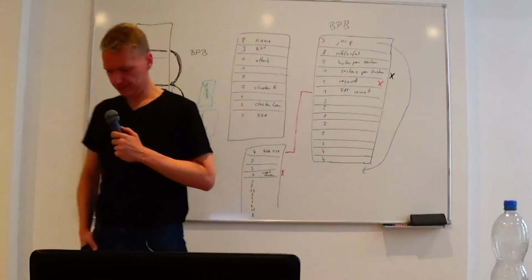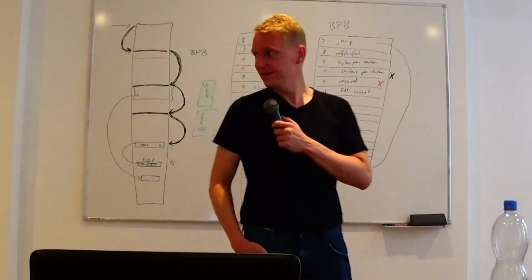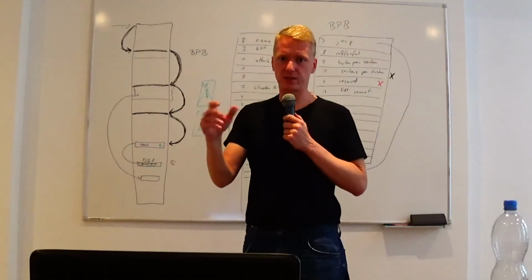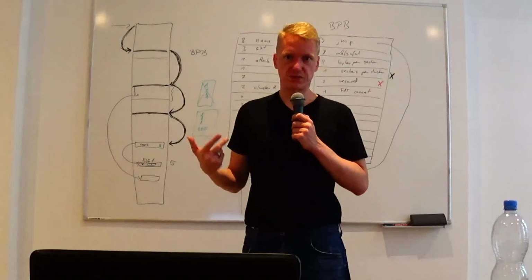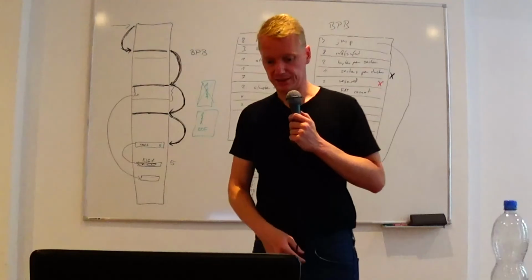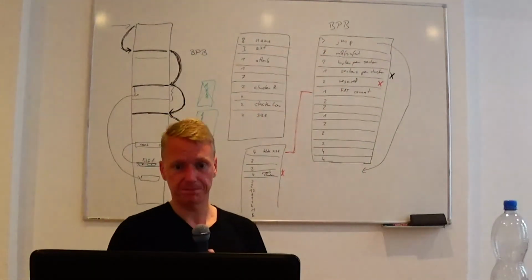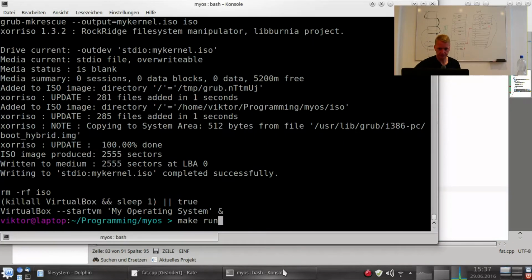So some people call it FAT28 because of that, but this just makes sure that we don't interpret the bits that might be there and used for something else for anything other than the address. Okay, so let's run this.